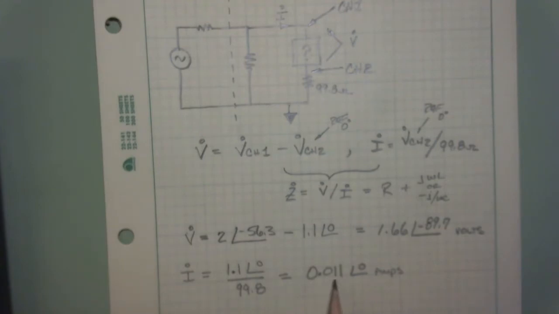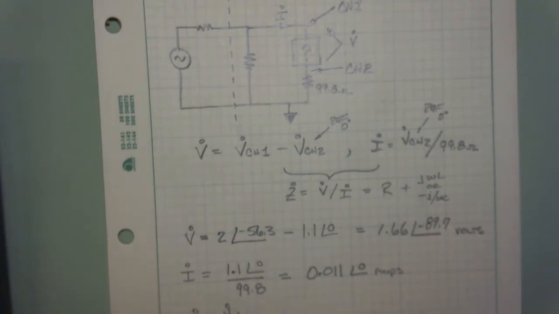If I was just going to write this down and then type it back in, I'd want probably some more significant figures there. Anyway, with Z, I know that the impedance of this is going to be the ratio of this voltage divided by the current, right?